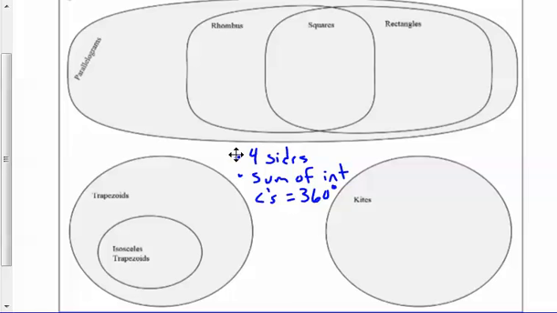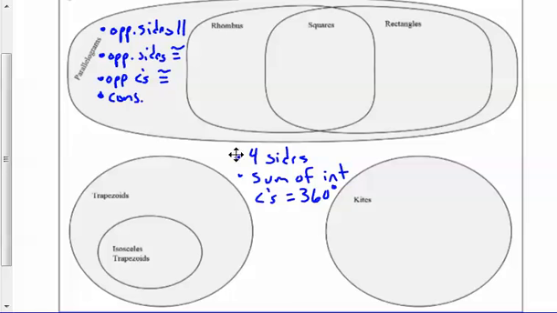So what makes a parallelogram special from other quadrilaterals is that the opposite sides are parallel. The opposite sides are congruent. Opposite angles are congruent.